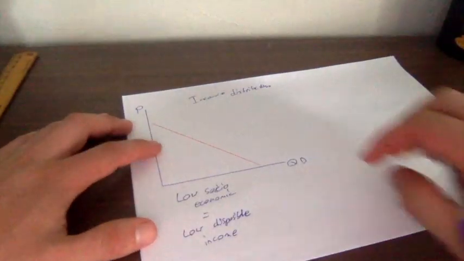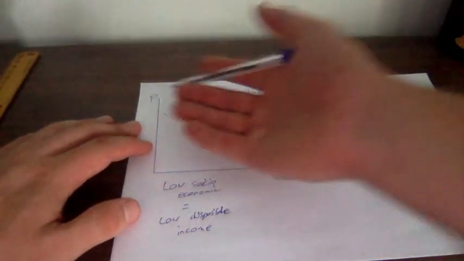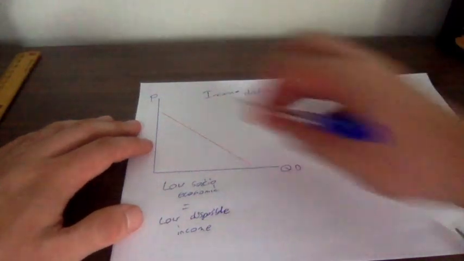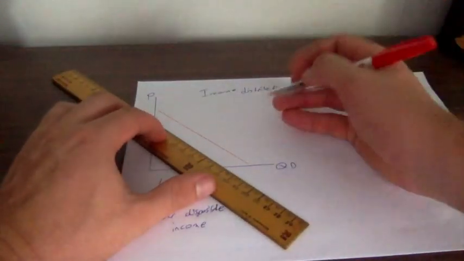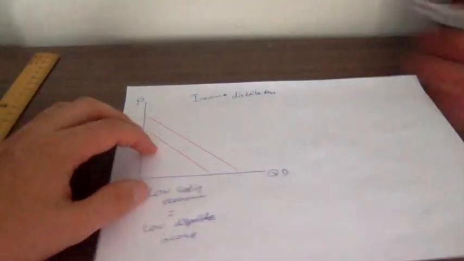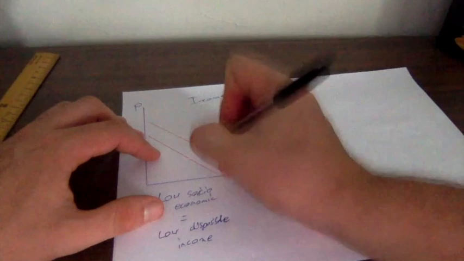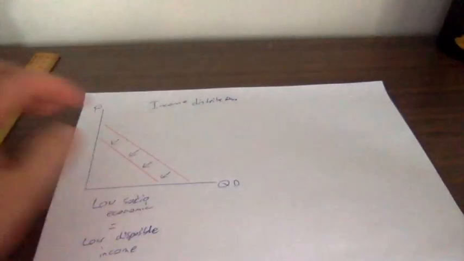Alright, so if you've got a low disposable income, well, they're just not going to be able to purchase as much, okay? So your quantity demanded at all prices is going to decrease. They just don't have the funds there. There's a low socioeconomic status, they just don't have the disposable income. So you're going to see a shift this way.